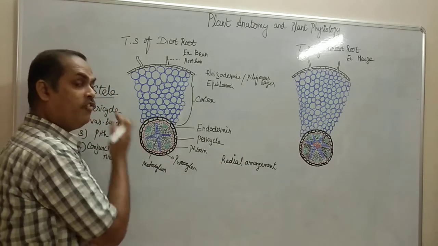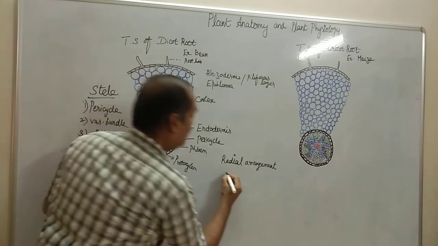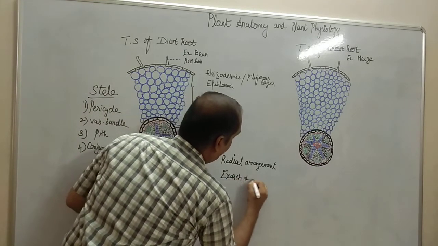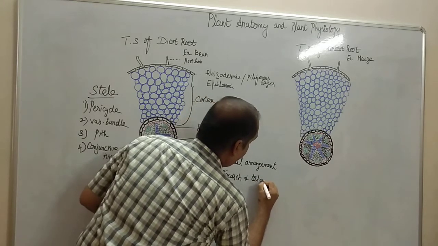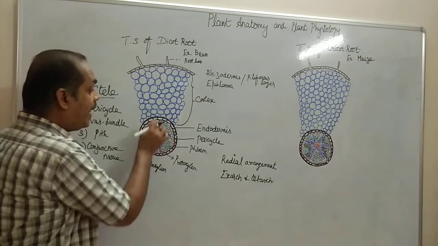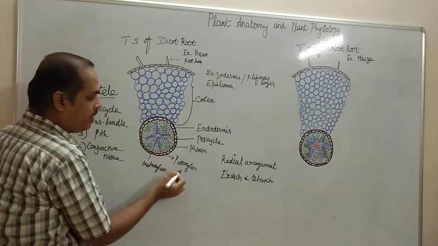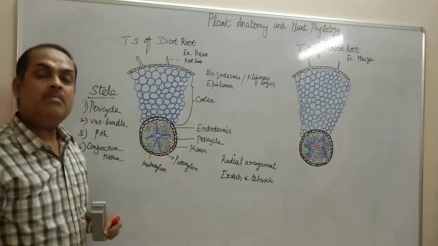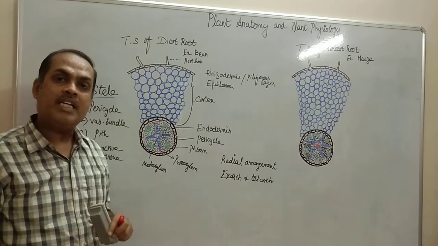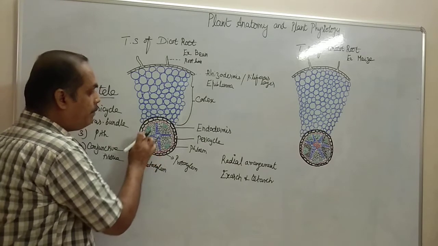Now the xylem and the phloem are, that is, it is exarch and tetrarch. Now what is the meaning of exarch and tetrarch? When you see the protoxylem, as I already told you, protoxylem is the earlier formed xylem, which will usually be smaller in size and is found towards the periphery.